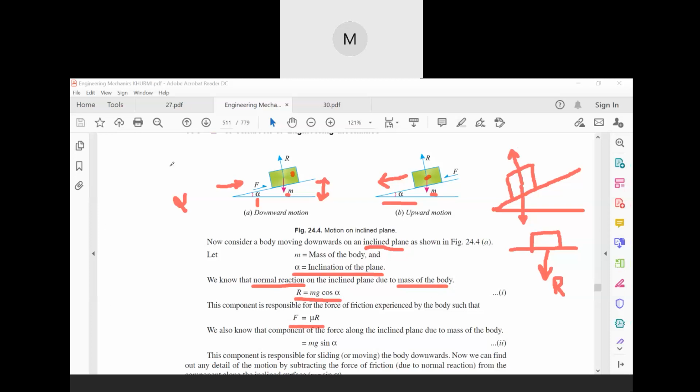Now why mg cos alpha? Someone might ask. So mg cos alpha is because, look, this one is the plane, so we have to draw like this. Now there is an inclined surface here, and the body is here. So now what happens?